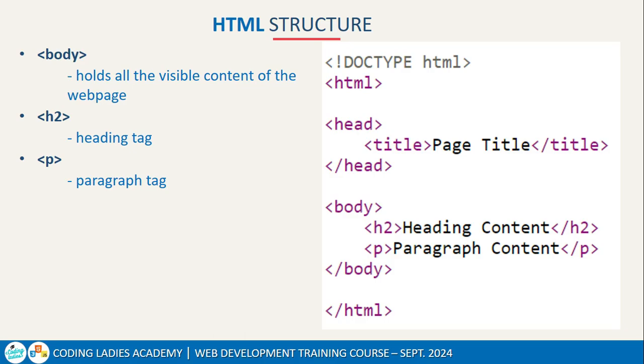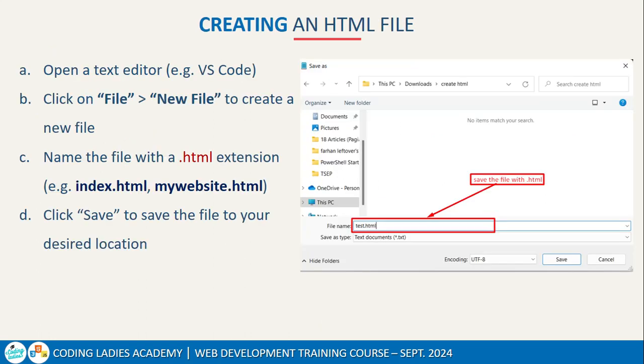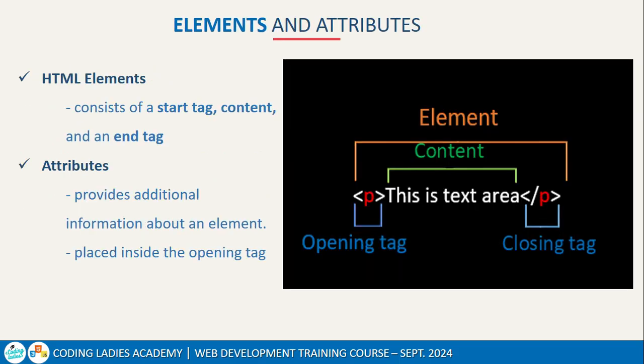And we also went through some tags, and we also learned how to create an HTML file. Then we learned element and attribute. So we said an element contains a start tag, content, and end tag. And so just as you can see, the attribute in there provides additional information about an element.